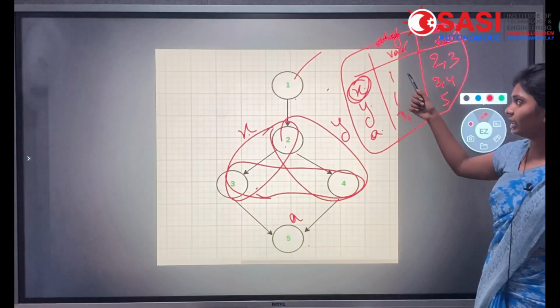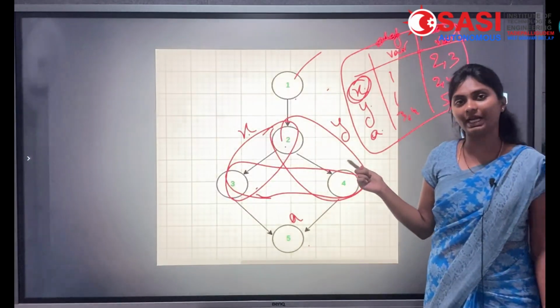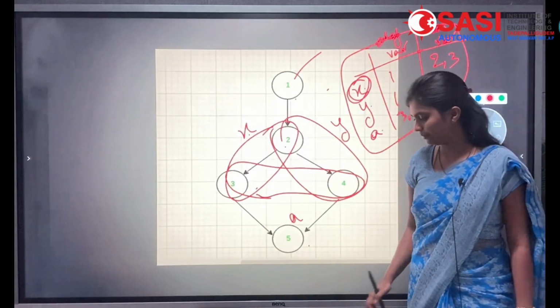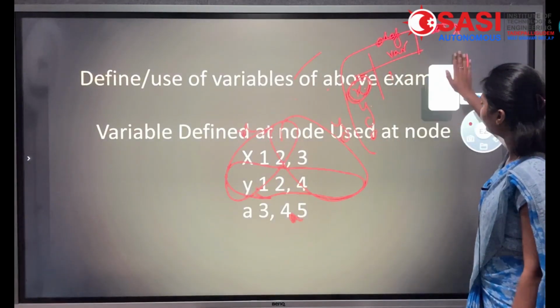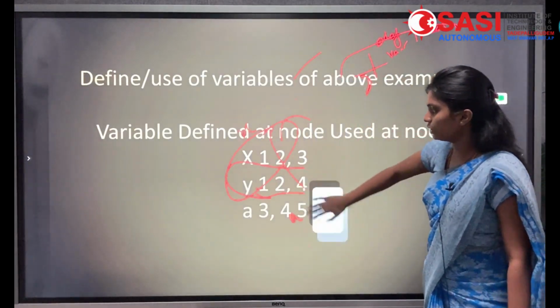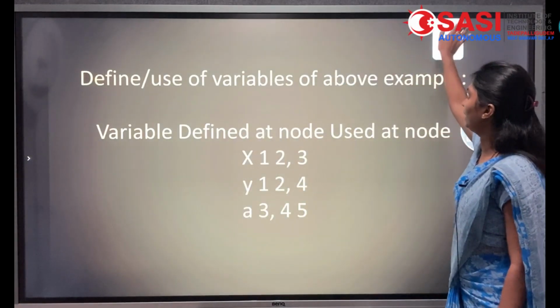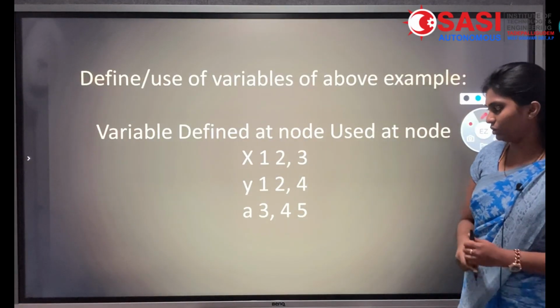We have also derived the defined variables and the used variables. It will be declared as predefined data of a particular flow chart. Now what are the variables? I already explained by seeing the diagram. You have to say what the defined variables are and what the used variables are.